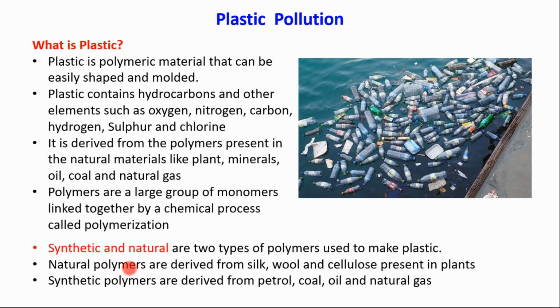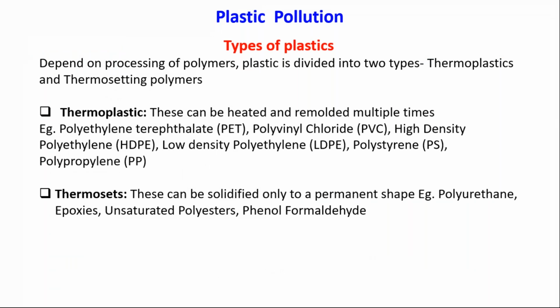So natural plastic materials can be made with the help of these plant components. Synthetic polymers are derived from petrol, coal, oil and natural gas. Means the synthetic, or artificial, polymers are prepared from petroleum products like petrol, coal, oil and natural gas. So that is the basic difference between natural polymers and synthetic polymers.